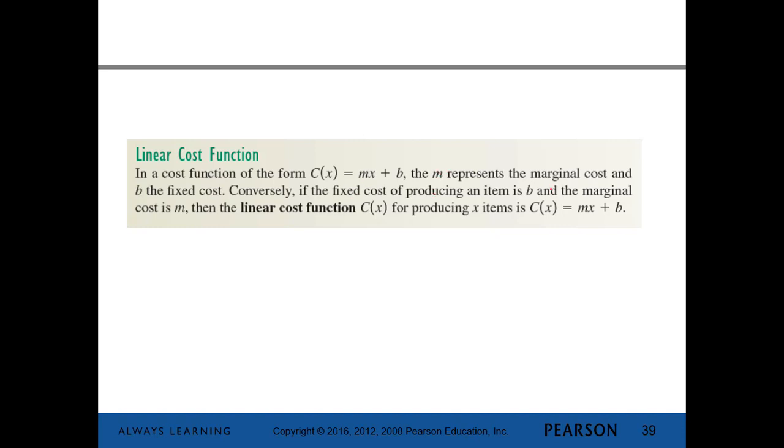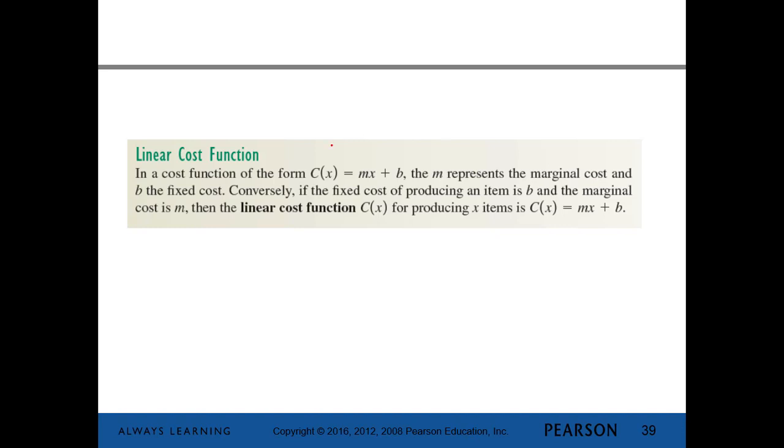So the M represents the marginal cost, the amount it costs to make one more widget. Okay, and since we're talking about linear functions, this is very easy to understand when it comes to marginal cost, because in general, that's the way some economists look at it. And some textbooks say it's the cost to produce one more widget. And since we're talking about linear functions, it's always the same. So the marginal cost will always be the same.